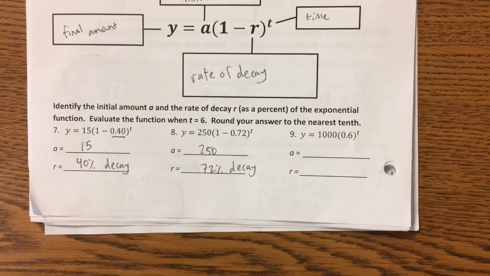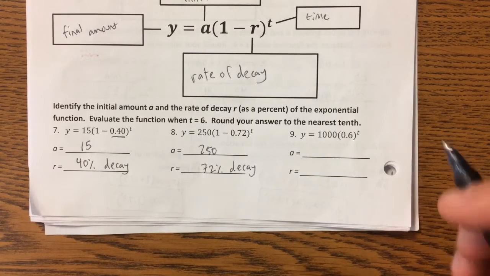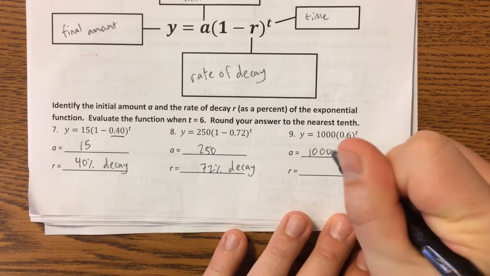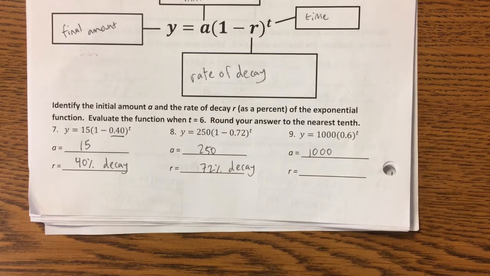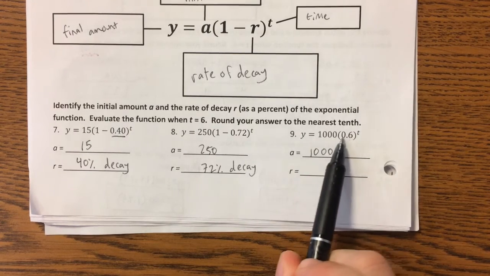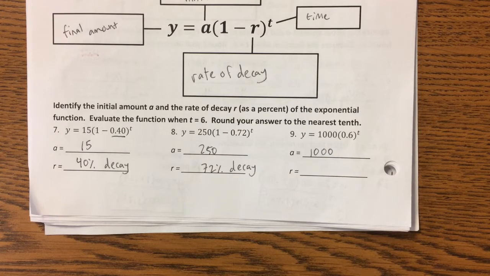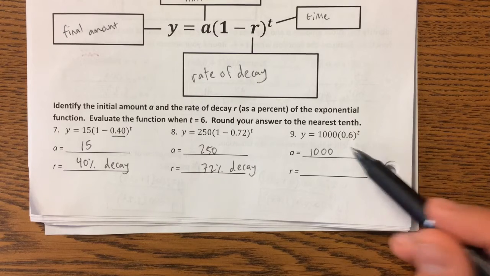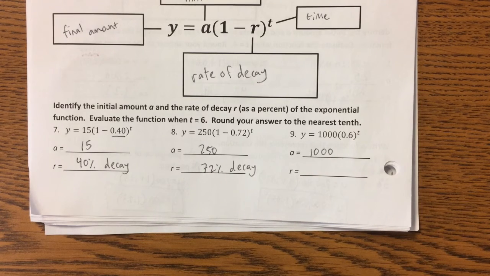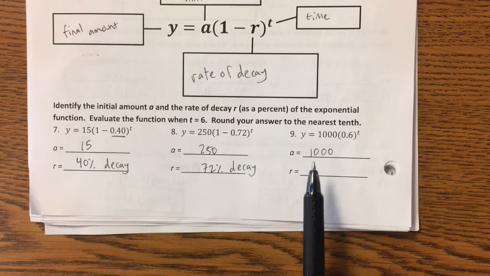And then number 9, we've got our initial amount is 1,000. Now this is where it gets a little tricky. What we have here is 0.6. I don't have the 1 minus something. This is my b value, but that's not really what it's asking for. It's asking for the r value.